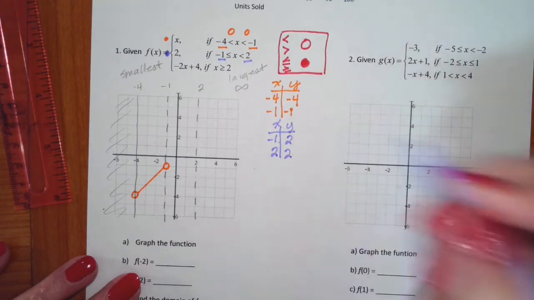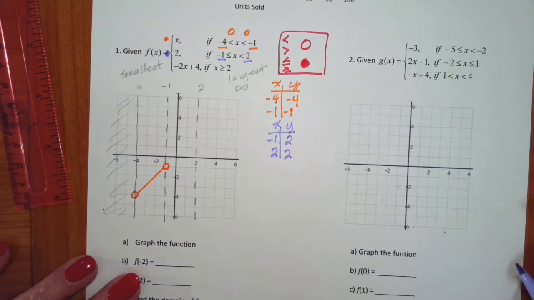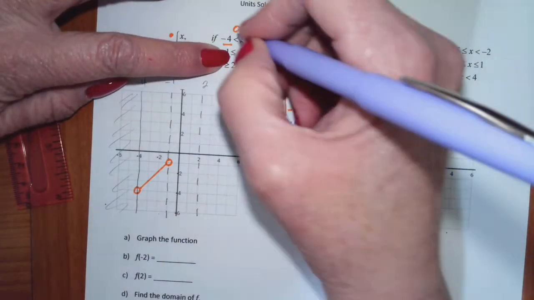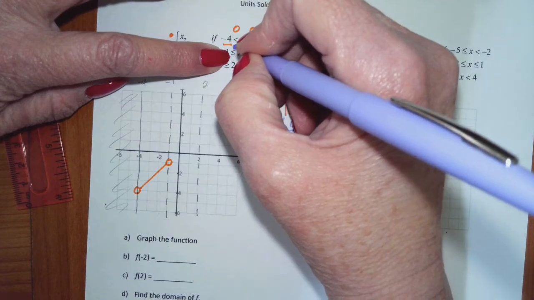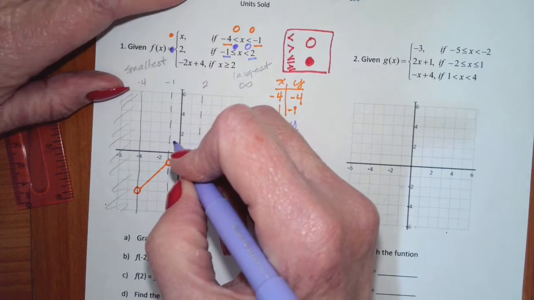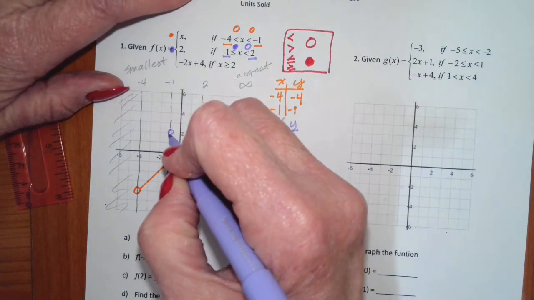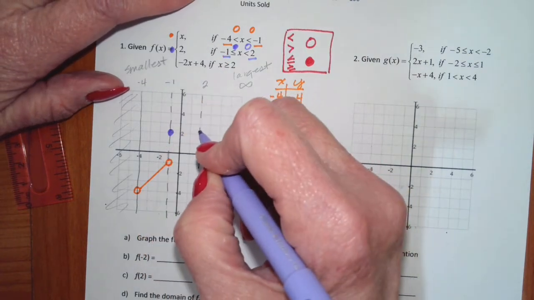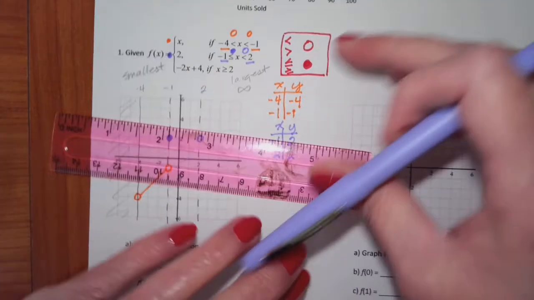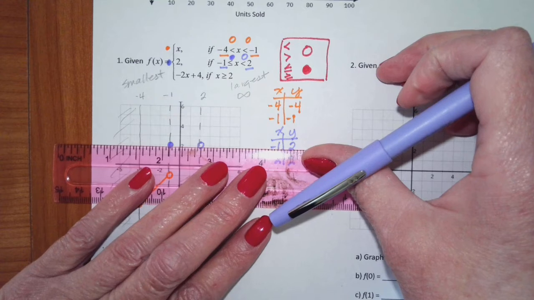It doesn't matter what the input is. Okay, so at -1, it includes it, so that's going to be a filled in circle. And on the other end, it's going to be an open circle. So I go from 2 to 2, and I connect my dots.